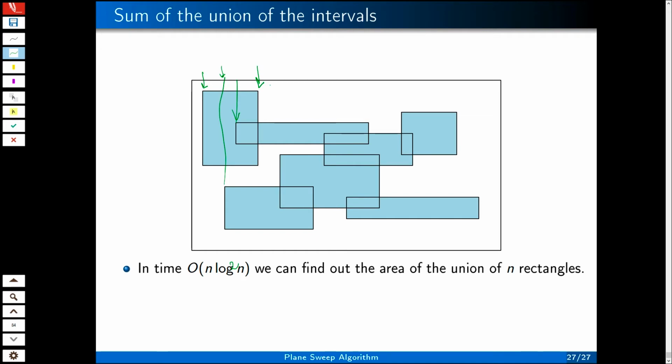Deletion, how much time? Log square n. How many such endpoints are there? 2n. 2n into log square n. How much time? Order n log n. N log square n, sorry. It's tricky, but not difficult. It's just tricky. You go slowly step by step, you'll understand.